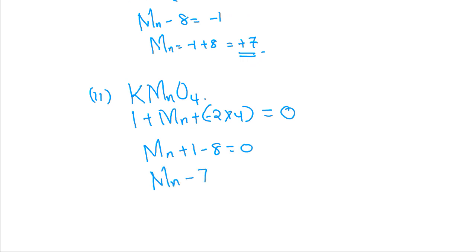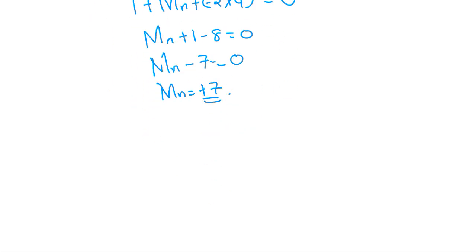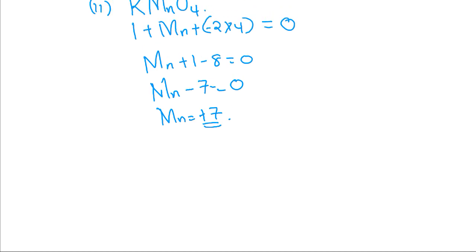Mn - 7 is 0. Mn is equal to +7. Hence the name potassium manganate 7. The name 7 is from there. Finally, in Mn2+, that is an ion, so the oxidation number is automatic, and that is +2.